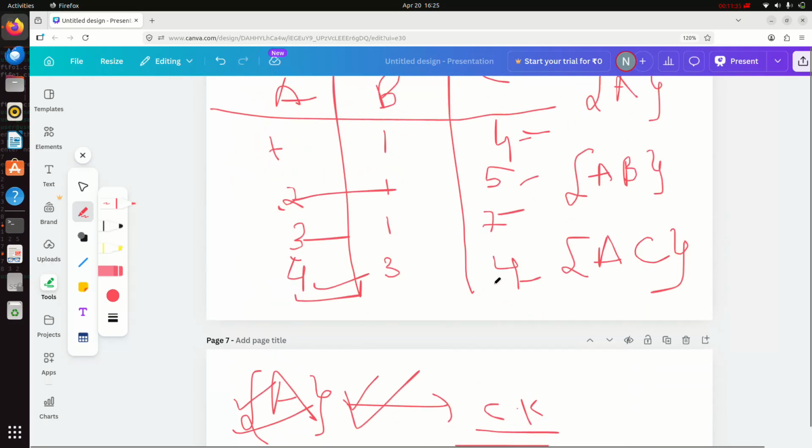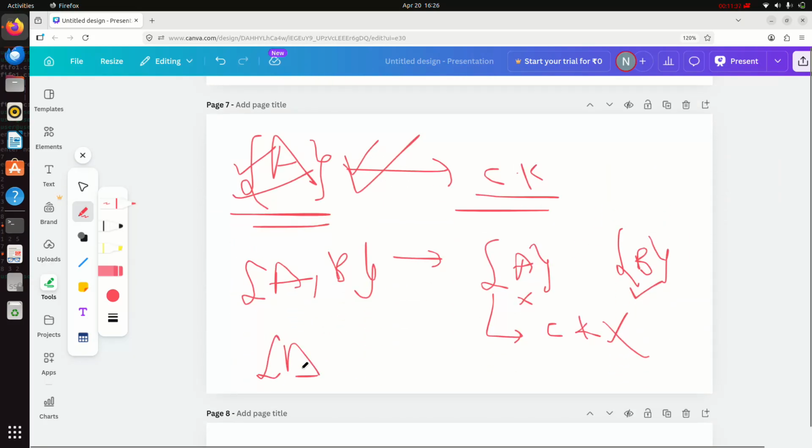Similarly for AC, the proper subsets are A and C. Again, A is a super key, so this cannot be a candidate key.